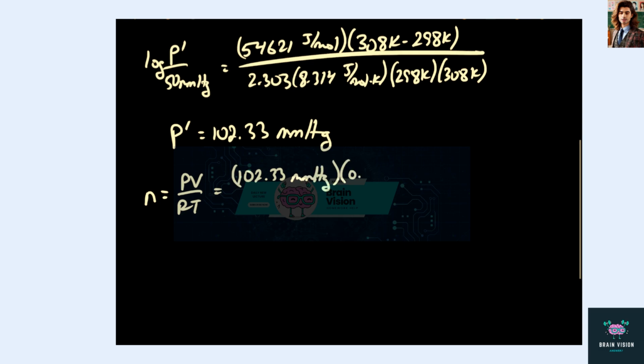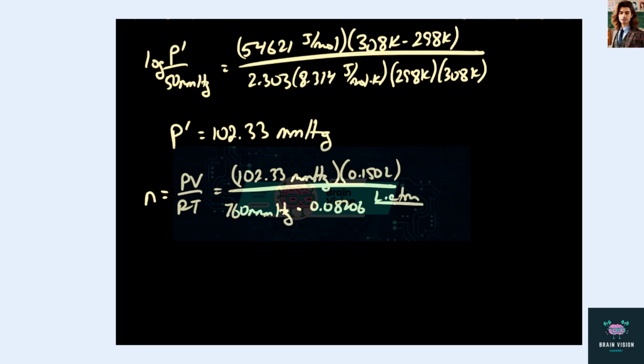The volume is 150 milliliters or 0.150 liters. Ideal gas constant is 0.08206 liters atmospheres per mole Kelvin, and this is 760 millimeters of mercury per 1 atmosphere.